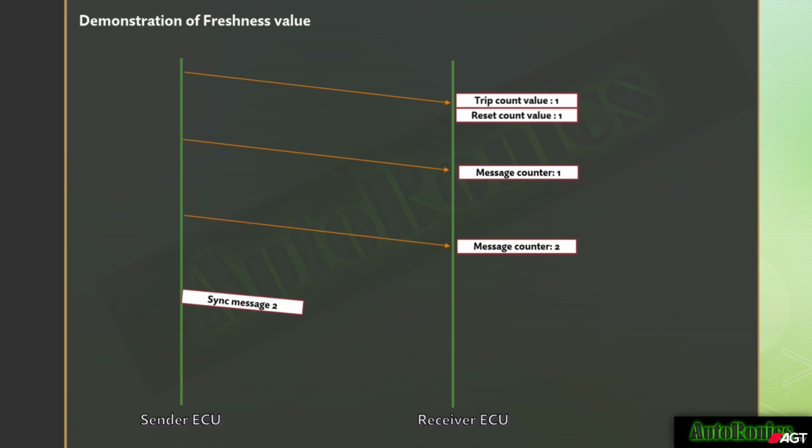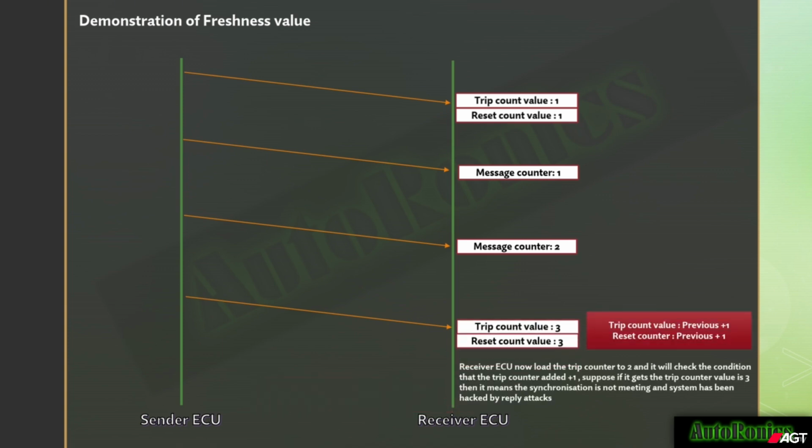And now again, to make sure that the sender is synchronized with the receiver, the sender ECU sends another sync message with trip counter value as 2 and the reset count value as 2, and this is being stored in the receiver ECU. But let's assume the receiver ECU is already with the trip count value 2 and reset count value 2. This time the sender is sending the trip count value as 3 and reset count value as 3.